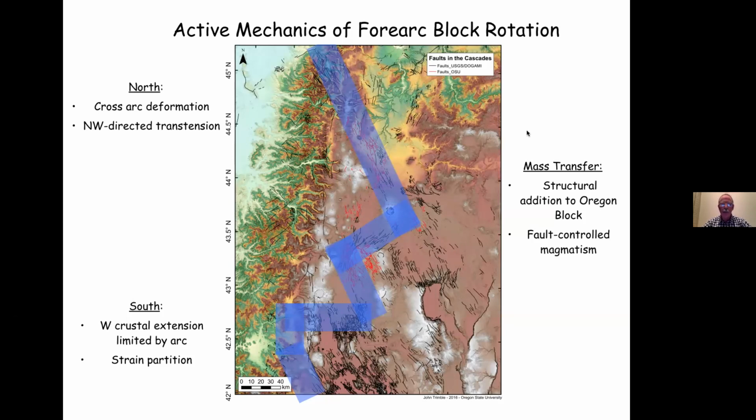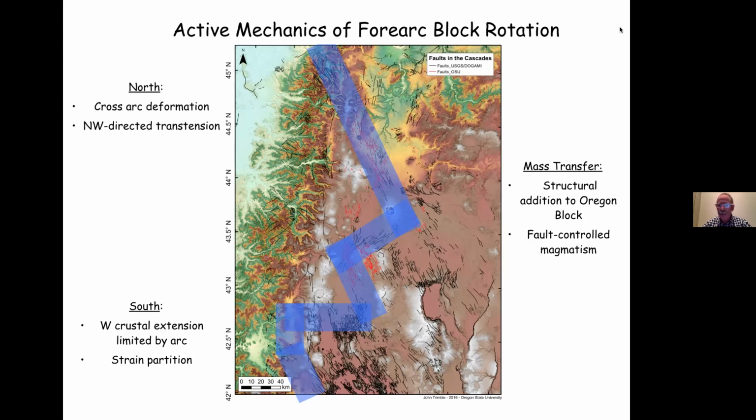At a larger, perhaps more exportable set of conclusions, one of the implications of this is that there's a mass transfer occurring because of the location of the breakaway between the Basin Range province and the forearc, which is adding this piece of the arc and the back arc to the forearc block, which must now be moving with it and to the northwest.